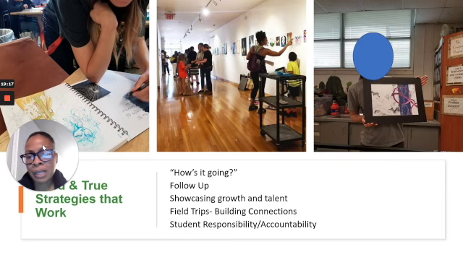Student responsibility and accountability is definitely something that's very important to me, just because accountability is a part of life. It's a part of growing up. You can't go anywhere and not be accountable for your actions. So I think students learning that in the classroom, whatever age they are, will stick with them as they go throughout life.